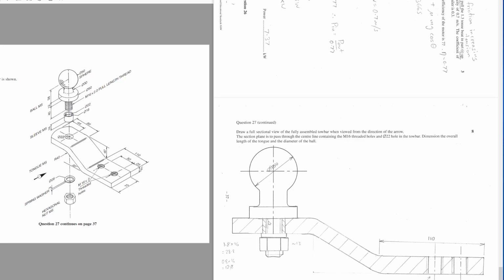Here, what I've done is I've drawn my thread, and this time 18 is the outside diameter and 16 is the inside diameter, because they've told us the pitch. Oh no, I thought they told us the pitch.